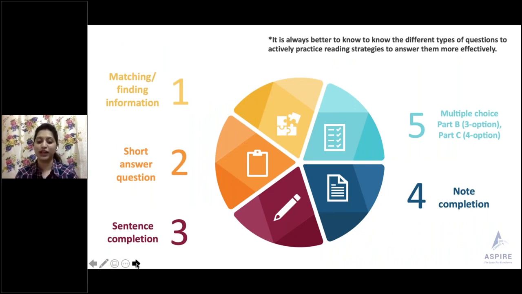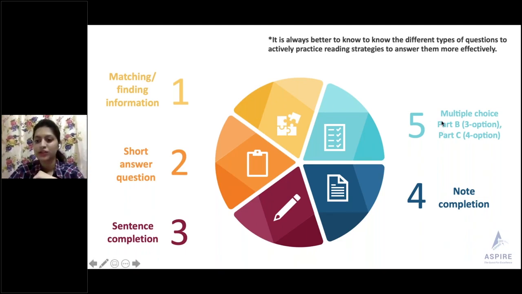You're not surprised by the question format, and when that happens, you end up getting more marks. So let's discuss a few question types. There are 5 possible question types in the OET reading subtest. We need to know this so that your test performance improves.